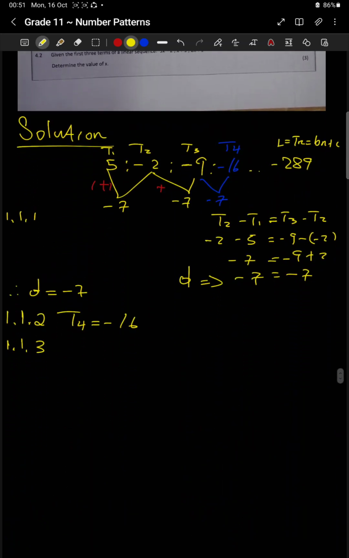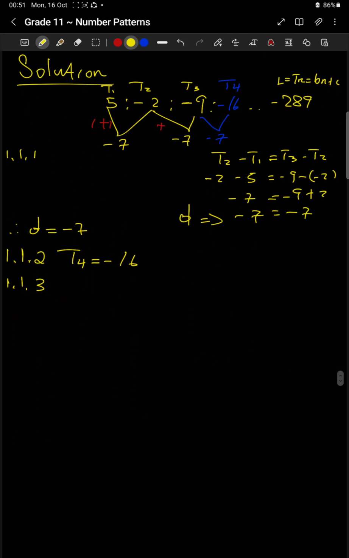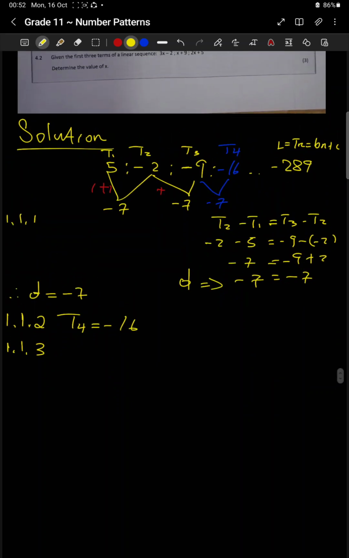Just before we calculate the number of terms in the pattern, we need to determine the formula first, which is the general term. It's going to be bn plus c. Remember, I'm always saying that -7 is the same as b. So that means we've got -7n plus c, and to get c, b plus c is equal to the first term.